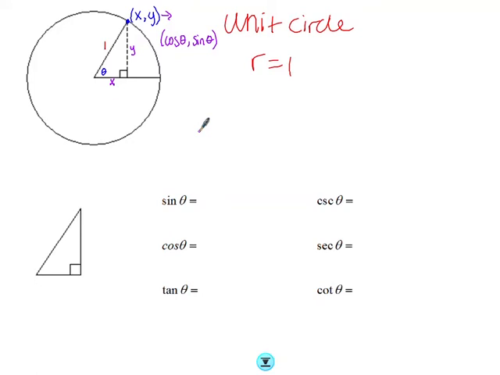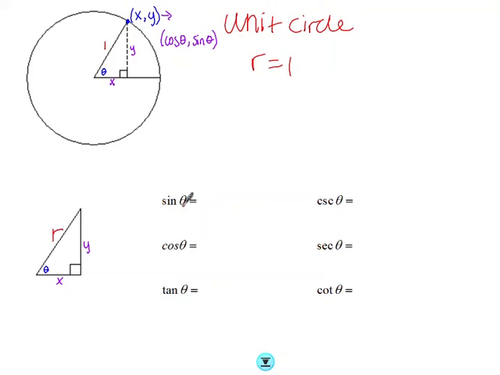Now, let's go ahead and zoom in on this triangle. We have that the hypotenuse is 1. This is our angle theta. We have sides that are x and y. If we decide to make this a little bit more general, we could have this hypotenuse be r.